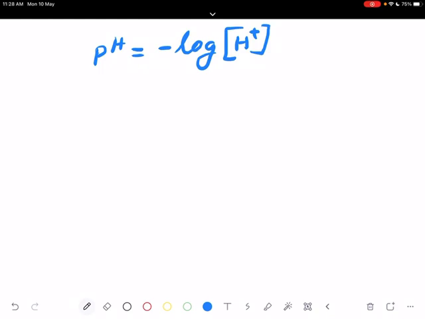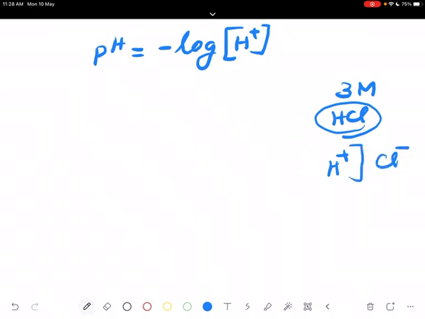Now, just now we said 3 molar HCl. 3 molar HCl means the concentration of HCl is 3 molar, the concentration of H plus is 3 molar, and the concentration of Cl minus is also 3 molar. Why?